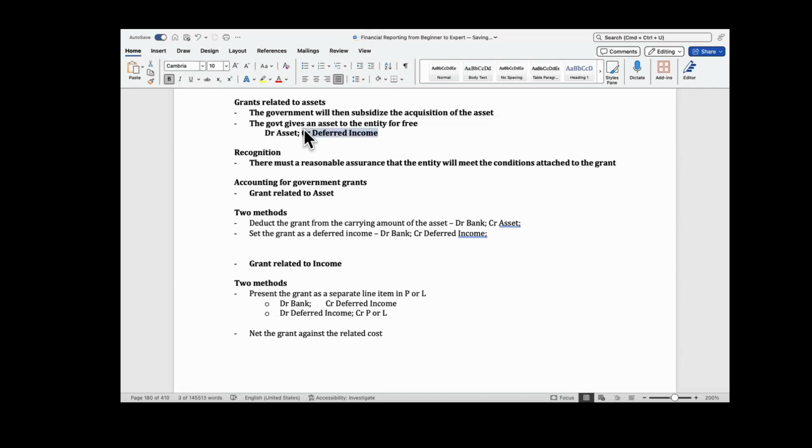It would be wrong for you to just dump everything to P&L in year 1. It's better you recognize it over the useful life of the assets. That's a better way of matching the income with the expense.